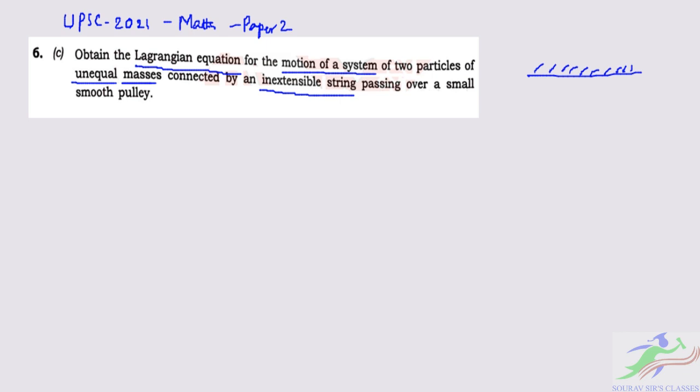This is the pulley, this inextensible string. Now we have the weights of unequal masses, that's told. Suppose this is mass m1 acting downward, and this is mass m2.